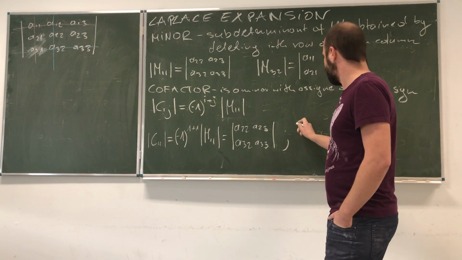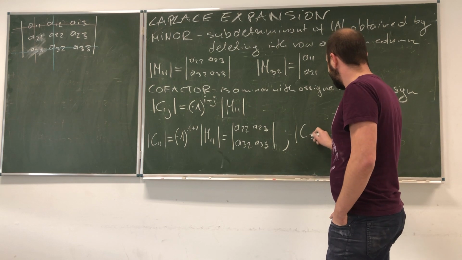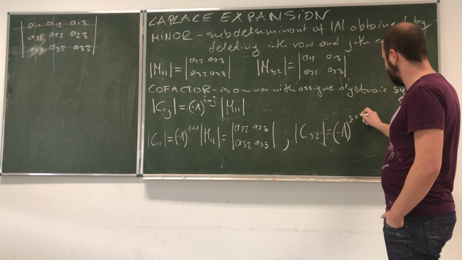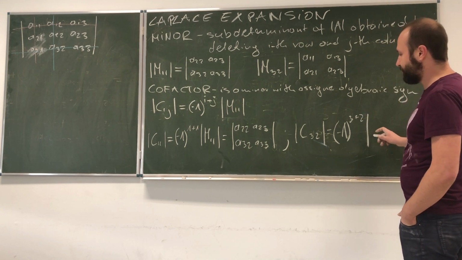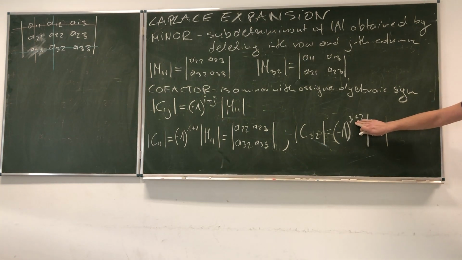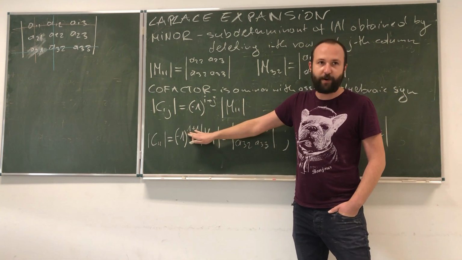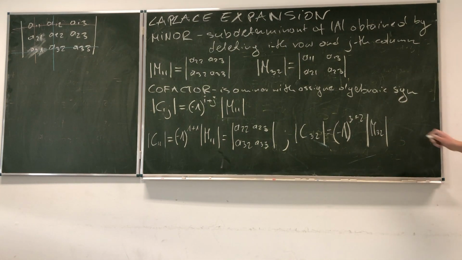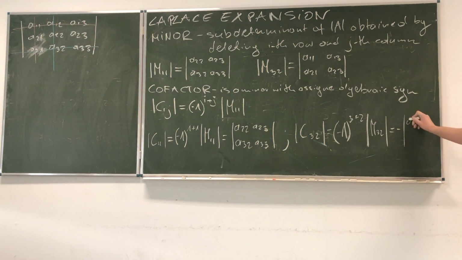Then, if I want to find cofactor C32, I take negative 1 to the power 3 plus 2 and multiply by the minor 32. Here we were taking an even power, so we got 1. Here we are taking an odd power, we get negative 1. So we obtain that this is negative, A11, A13, A21, A23.